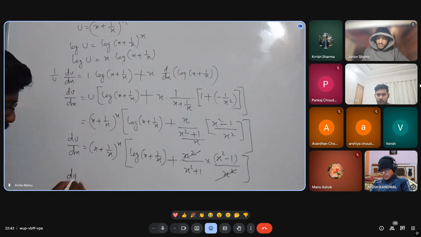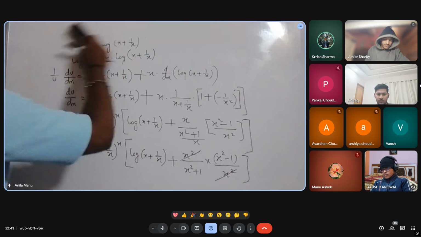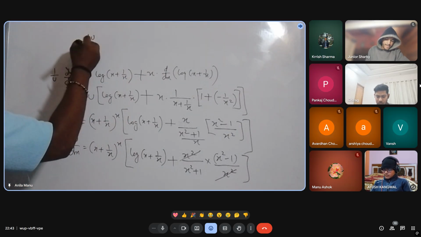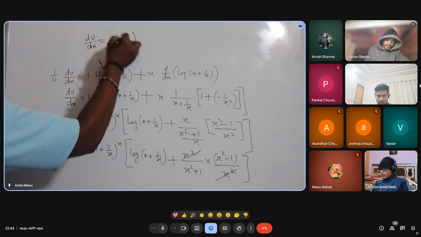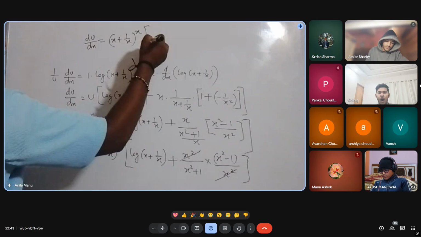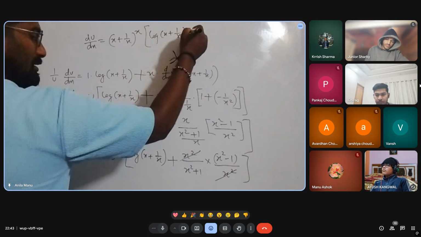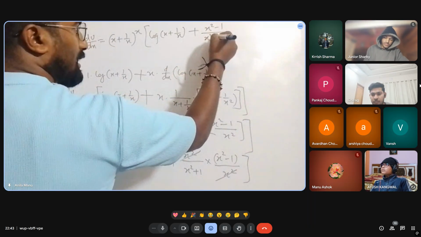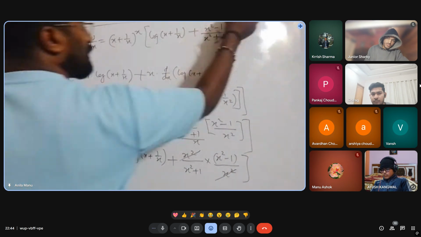So du by dx is, can I write on the top? Yes, sir. du by dx is equal to (x plus 1 by x) raised to x into log of (x plus 1 by x) plus (x square minus 1) divided by (x square plus 1). Okay. du by dx you got.